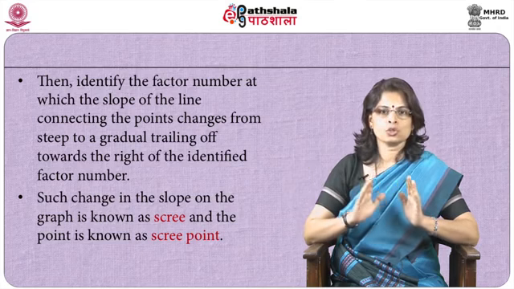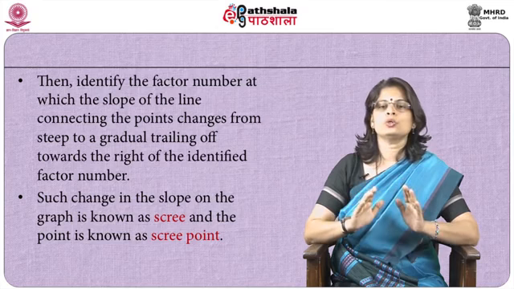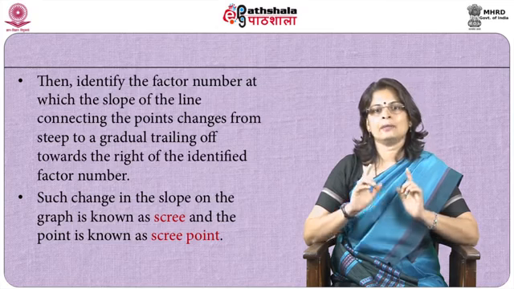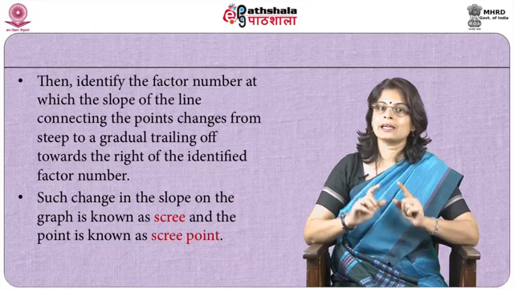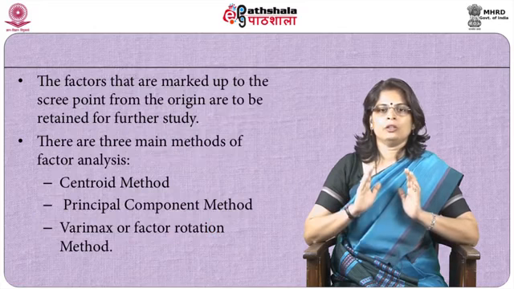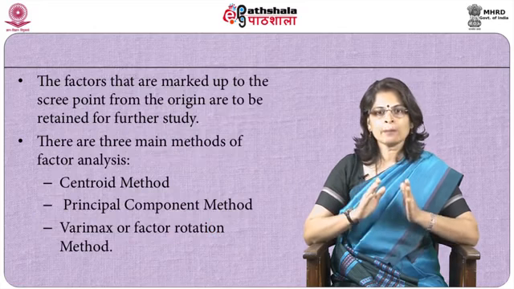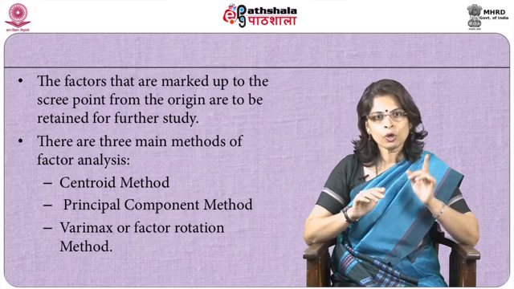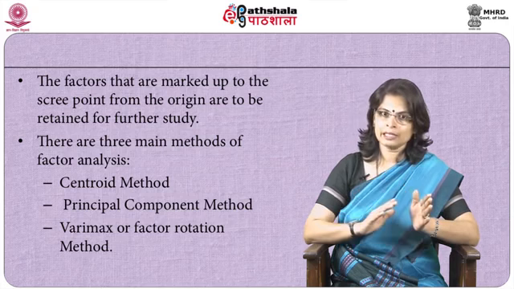Such change in the slope on the graph is known as the scree, and the point is known as the scree point. The factors that are marked up to the scree point from the origin are to be retained for the further study.